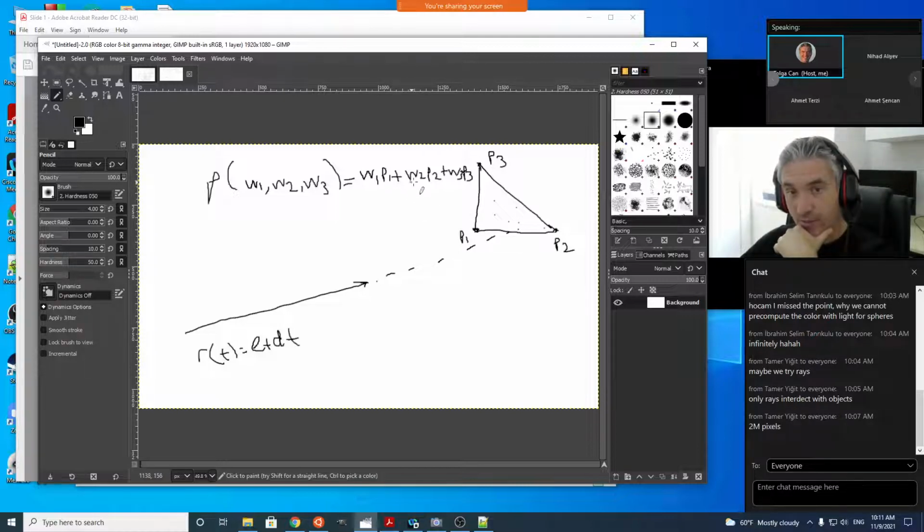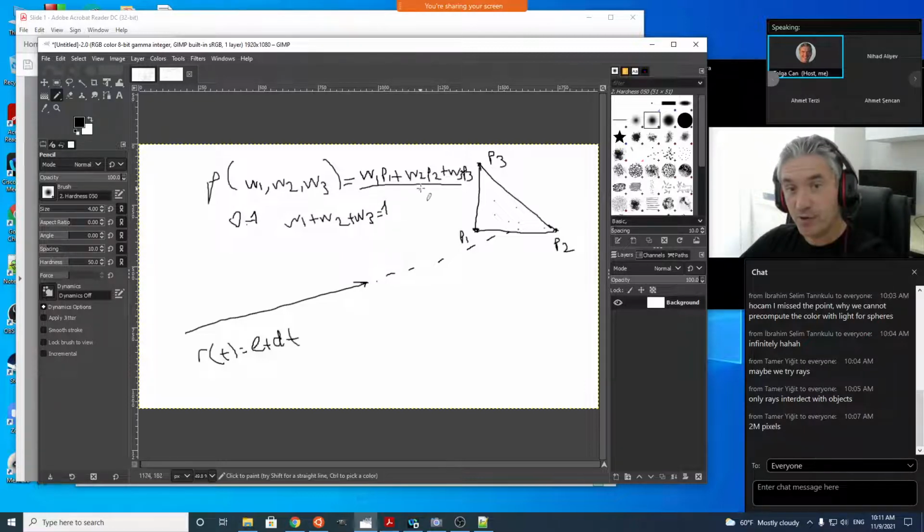If these w's can be any numbers, we will be getting points that are outside the triangle. So we have some restrictions on these weights. When I say weighted average, usually weights should be between 0 and 1, and another important thing is that they should add up to 1.